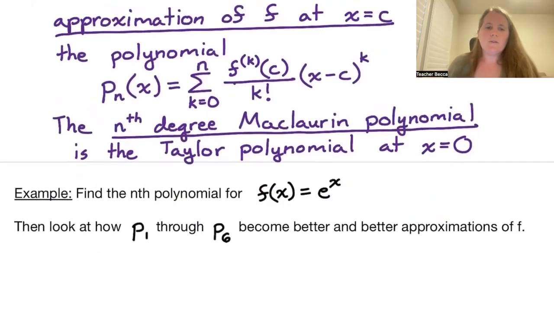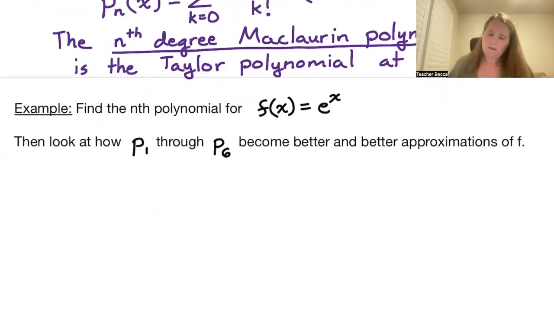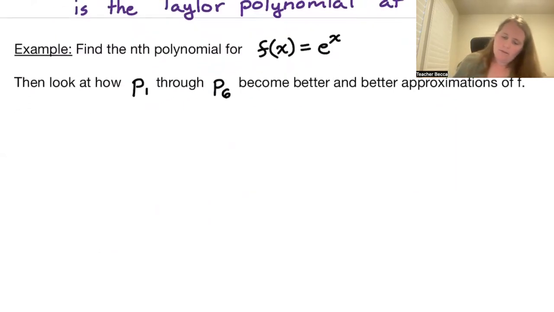So for example, let's find the nth polynomial for f of x equals e to the x. And then we'll take a look at how the polynomials p1 through p6 become better and better approximations for e to the x. So f of x equals e to the x.